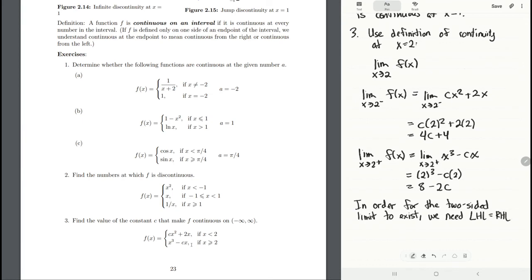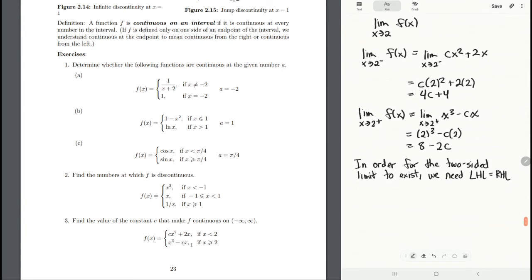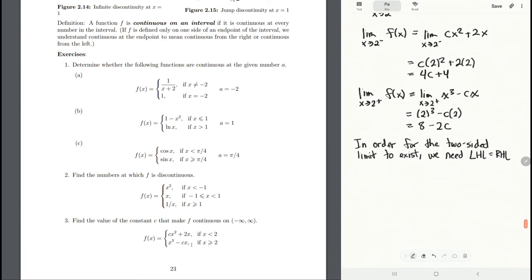So what this says is that the left-hand limit, which we determined to be 4c plus 4, has to be equal to the right-hand limit, which we determined to be 8 minus 2c. For it to be continuous, this equation must be satisfied.